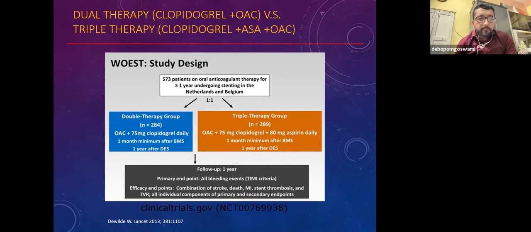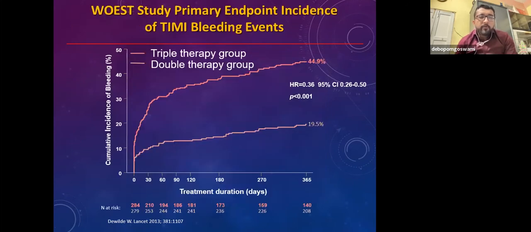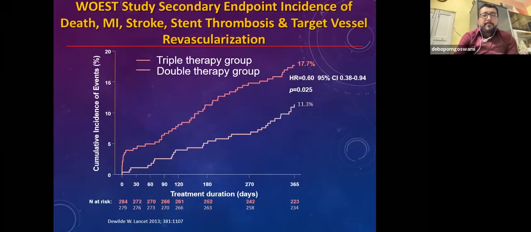Next slide. Now, what was found is that there was a significant drop in the bleeding risk in the double therapy group versus the triple therapy group. There was a risk reduction of almost 64% when we take the primary endpoint of incidence of TIMI bleeding events. Next slide.